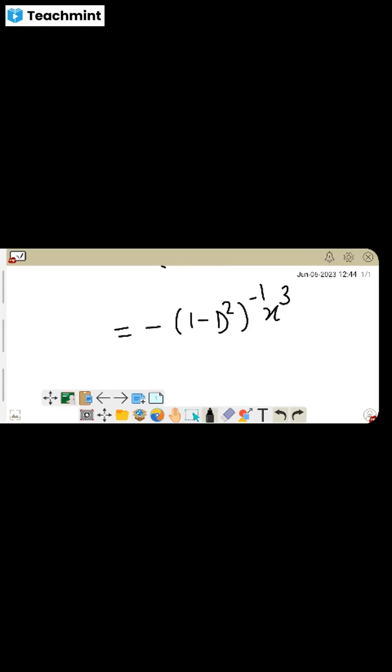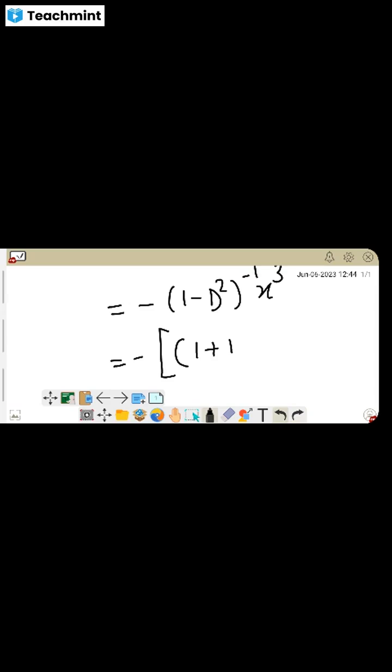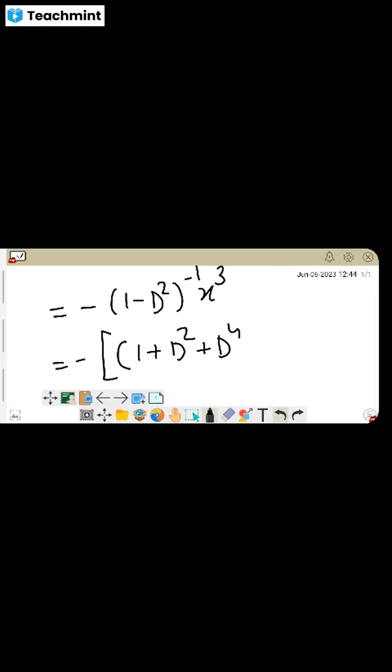So take this sign here, and we have 1 plus d square plus d4 into x cube. Why do we take only till here? Because after this it will become 0.